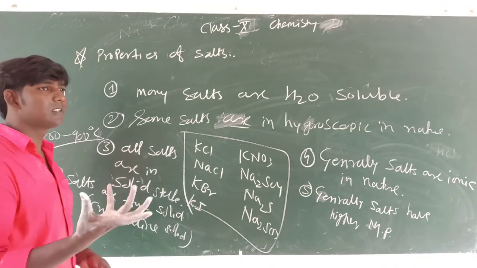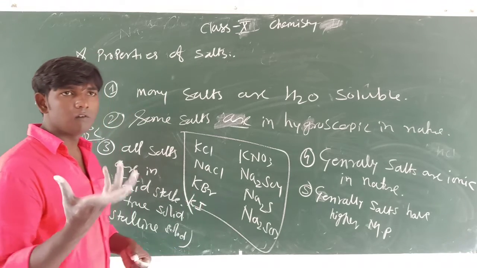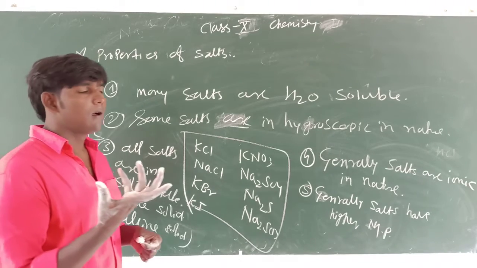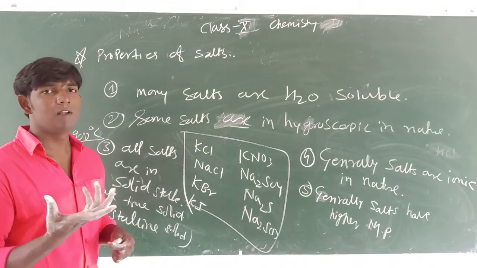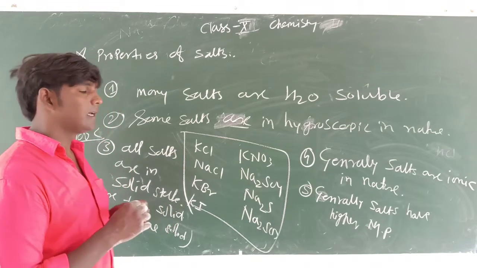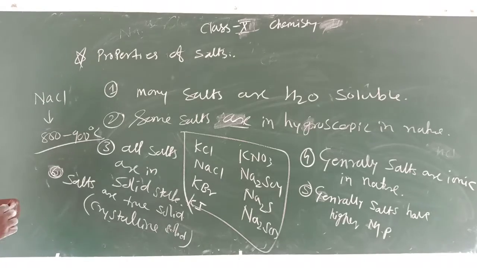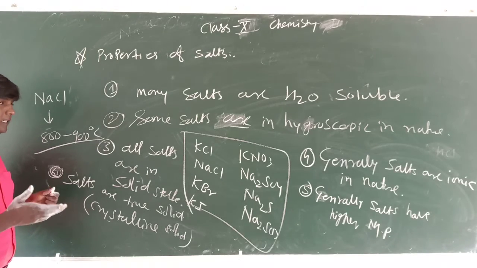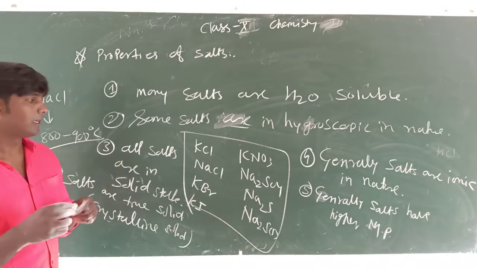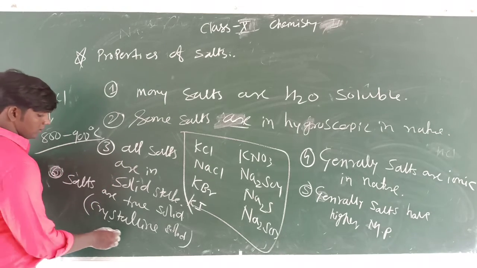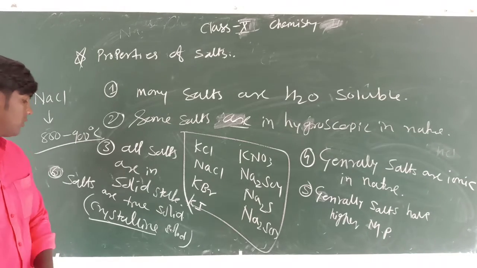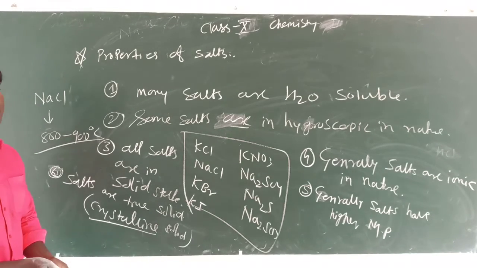A crystalline solid is a crystal-like compound. What is a crystal? A crystal has a well developed geometry, and the arrangement of atoms is in a well-ordered manner, or the shape and size is definable. That is called a crystalline solid, okay.